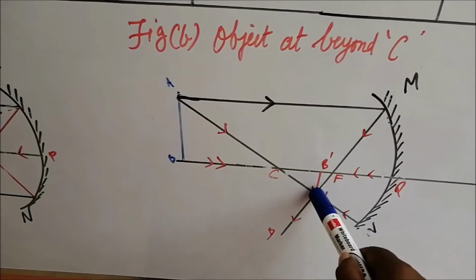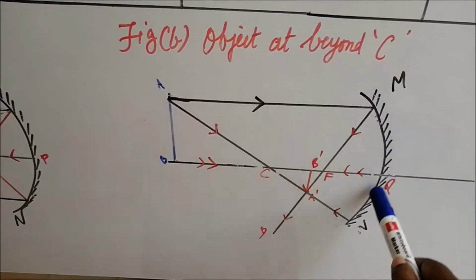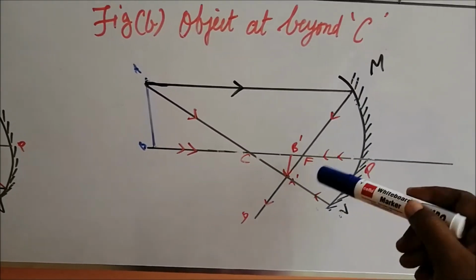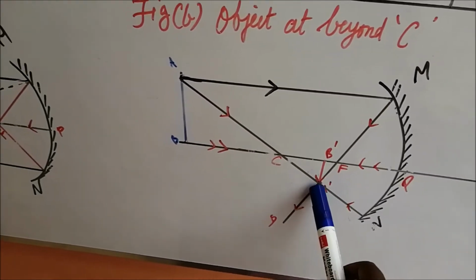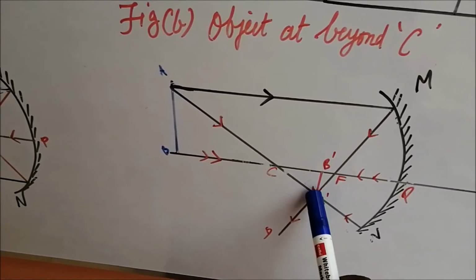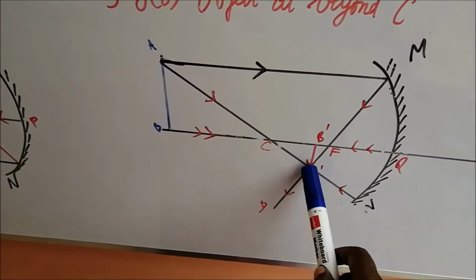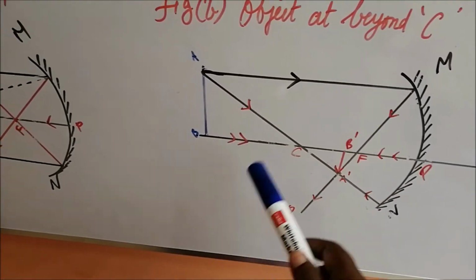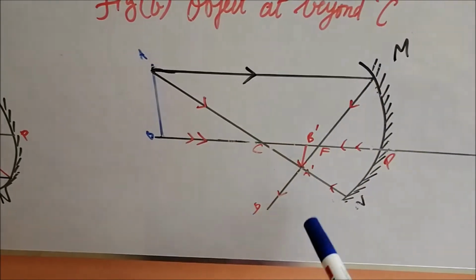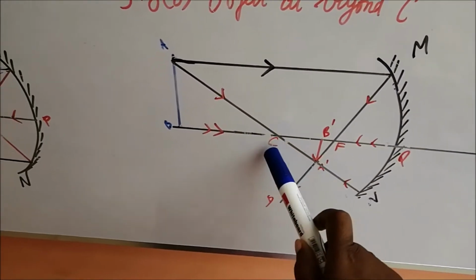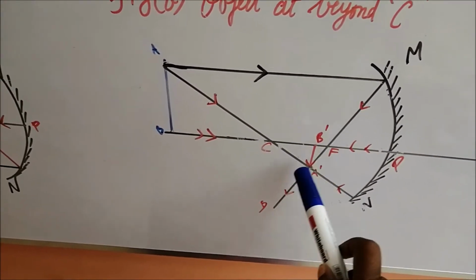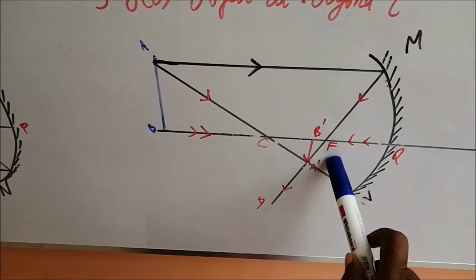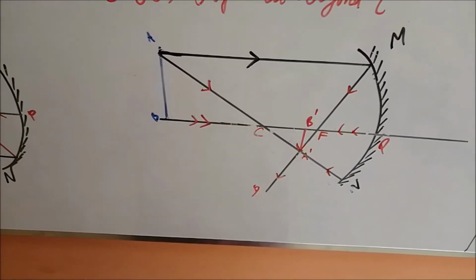So these rays are getting reflected from the reflecting surface of the mirror. So the intersection occurs here. So we will have the image here. In the case of object beyond C, we are getting image between C and F, that is center of curvature and the principal focus.